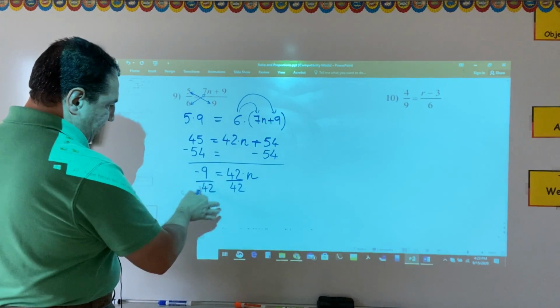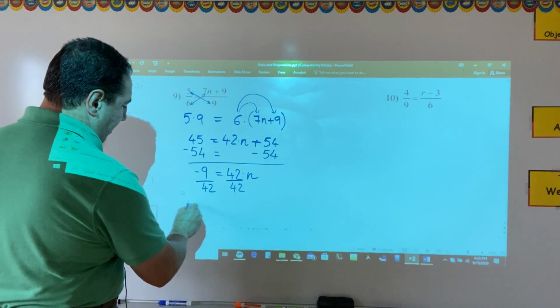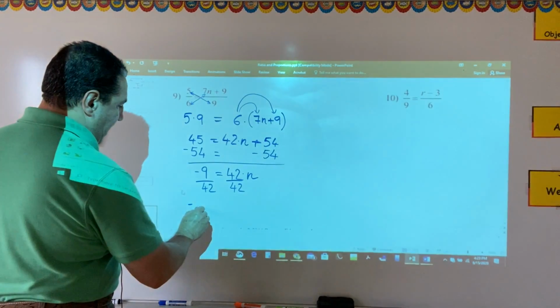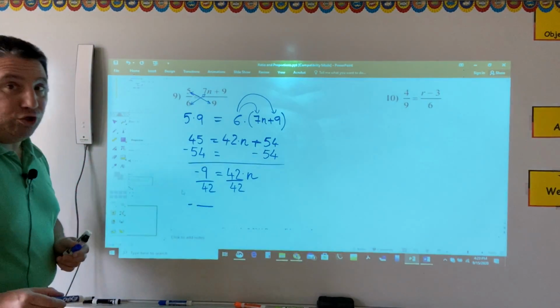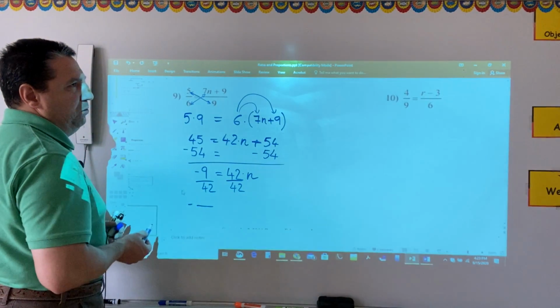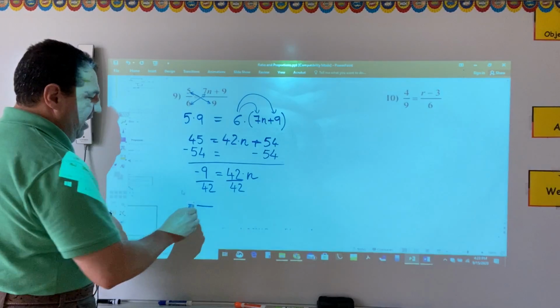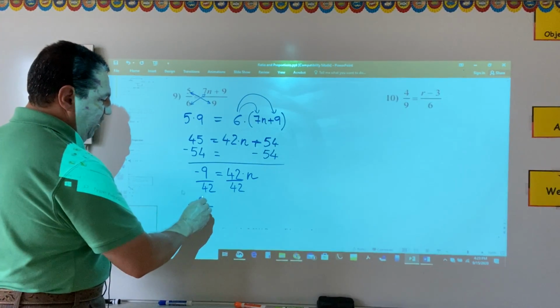So, this fraction would be negative. So, we put negative in front of the fraction, and we try to simplify. What could be the common factor? I think it could be 3. So, if you divide 9 by 3, you get 3.